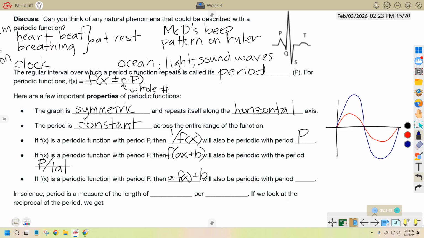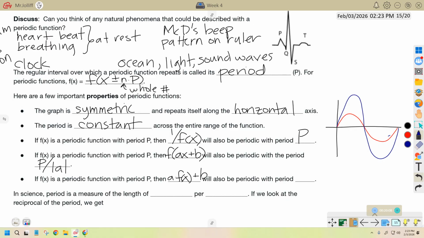And the question is, does that change the length of the wave? No. 0 is still 0, because it doesn't matter what I multiply f of x by. If f of x is 0, a times f of x is going to be 0. So this multiplication doesn't change the period.